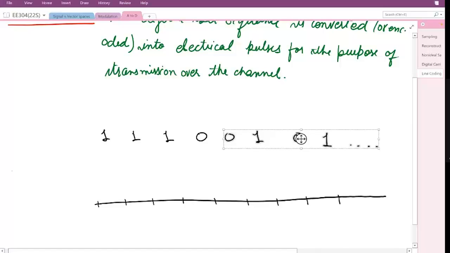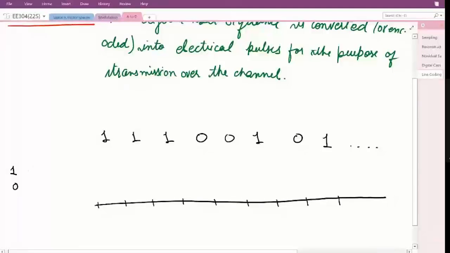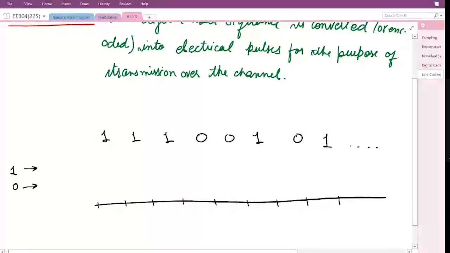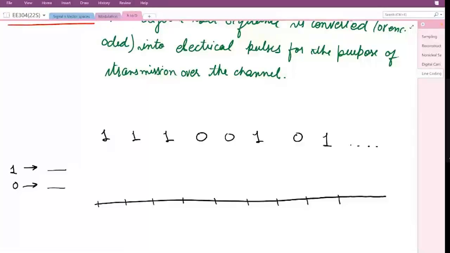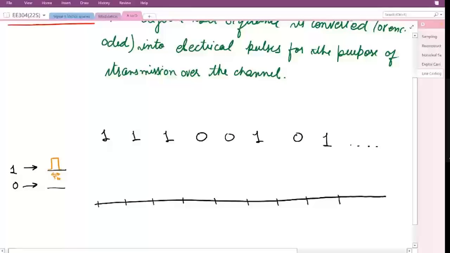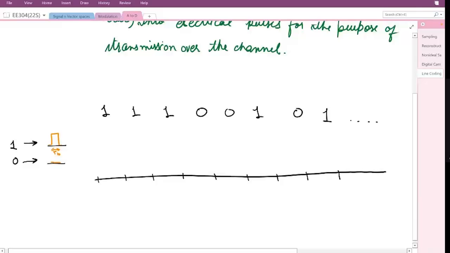If we have obtained a 1, then we transmit a pulse, and let us say that this pulse is like this, of duration TB. Let this be the duration TB, and for 0, it remains at 0 level.